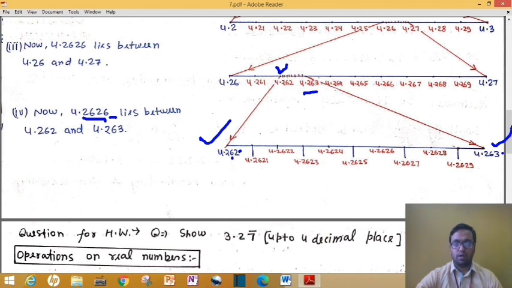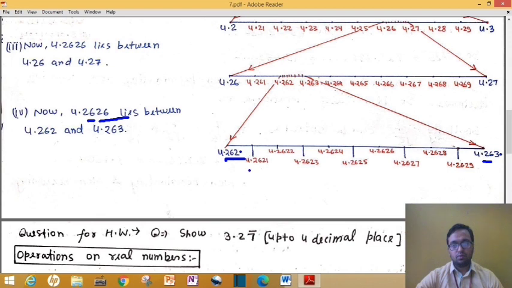So it is 4.2620, it is 4.2630. This is 4.2620, this is 4.2630 and the actual number is 4.2626. So 4.2626 will lie definitely between 4.2620 and 4.2630.